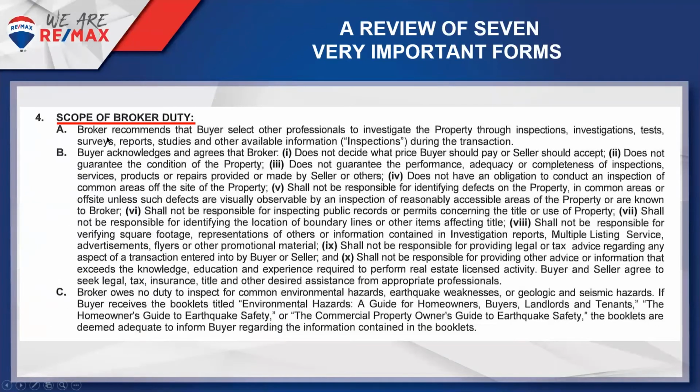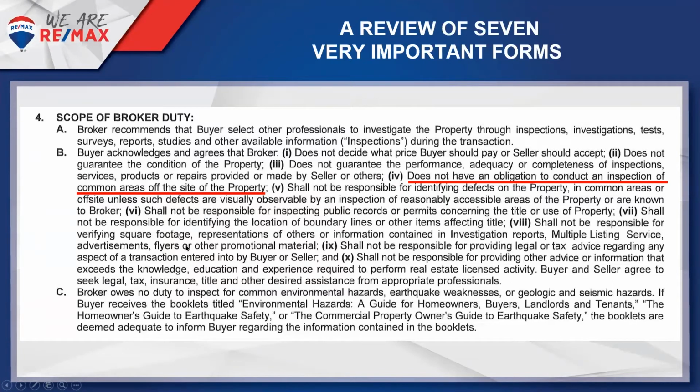Okay, the scope of duty of the buyer. I'm not going to spend a lot of time reading each of these, but this form has a great listing of all of the obligations a broker has or doesn't have. So the buyer agrees that the broker does not decide on the price, does not guarantee the condition, does not guarantee the performance of inspectors or repairs.